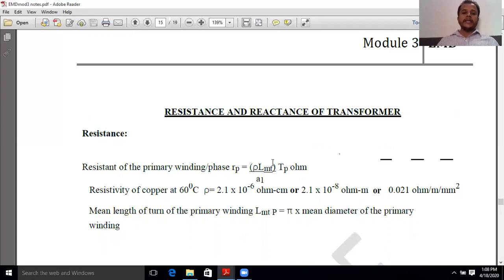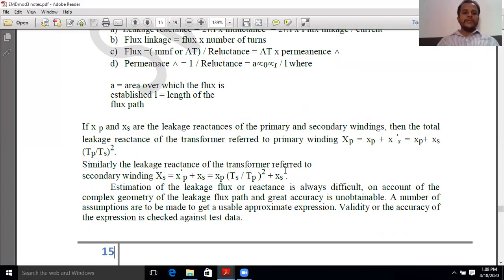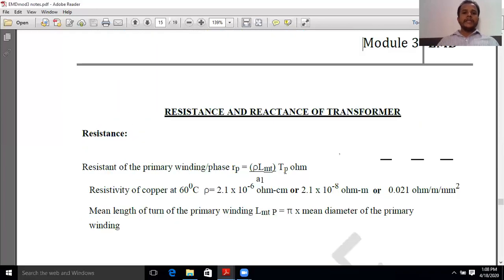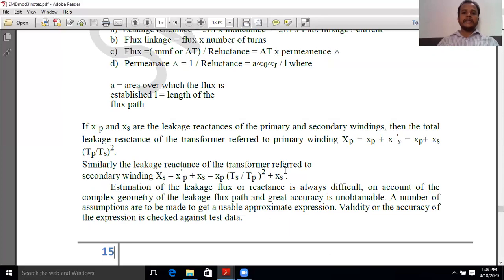The resistance of the primary winding Rp is equal to rho Lmt Tp divided by A1, in ohms, and the resistance of the secondary Rs is equal to rho Lmt Ts divided by A2.